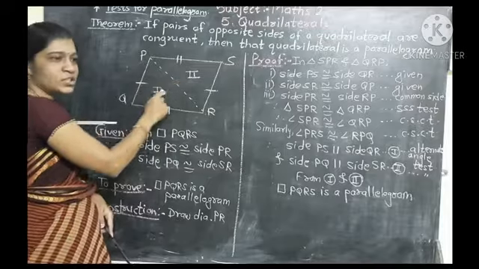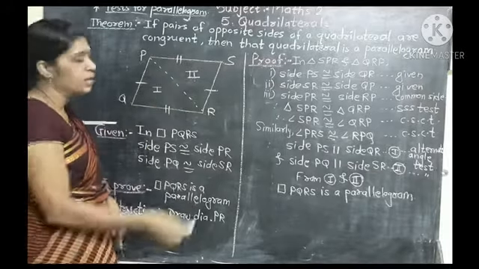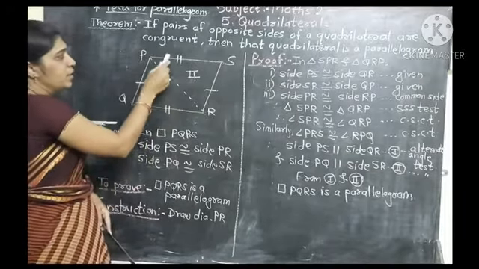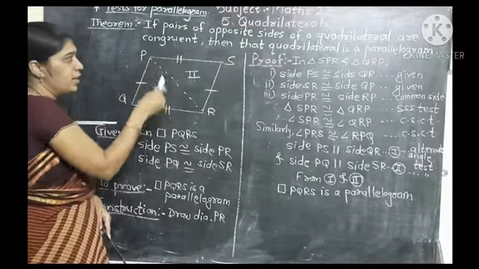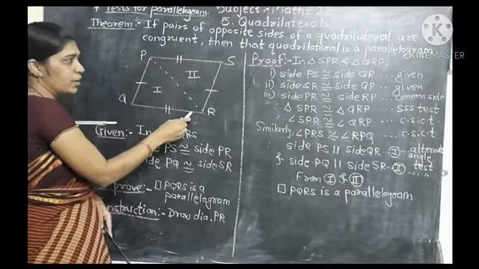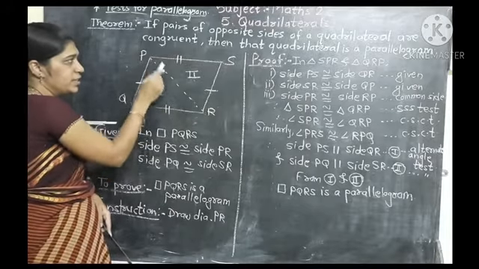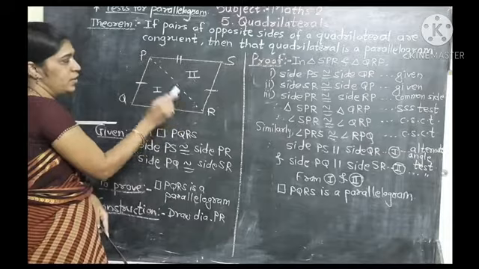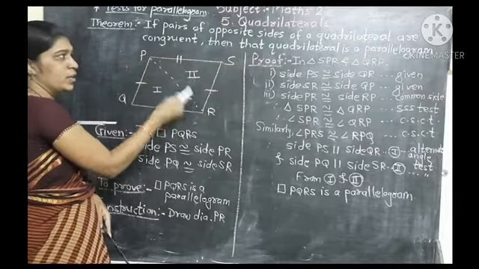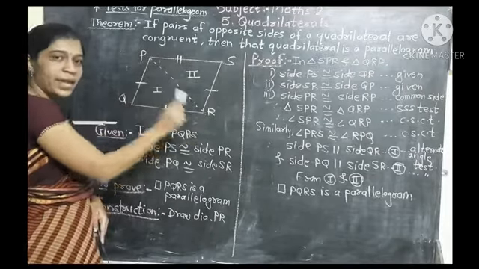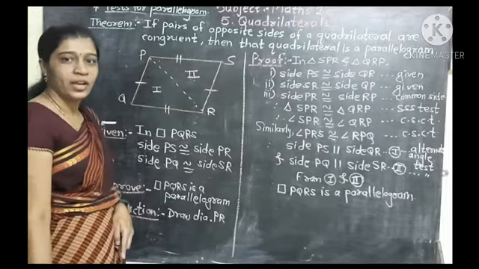We have to prove these two triangles congruent. Then we can prove that the alternate angles are congruent. This is the alternate angle, yes. If alternate angles are congruent, then these two lines are parallel, so this is a parallelogram.